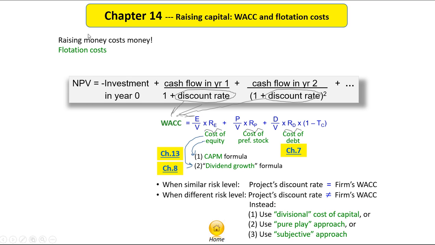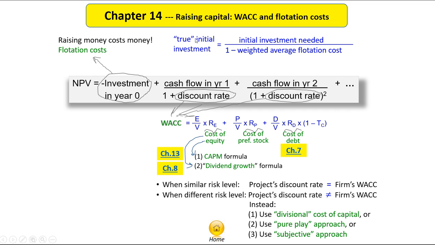Then, because we are talking about raising money for the initial investment of a project, it actually costs money to raise money. That's flotation costs. Flotation costs make us sort of oversell new shares of stock or new bonds that would bring us money that we will use for the initial investment.